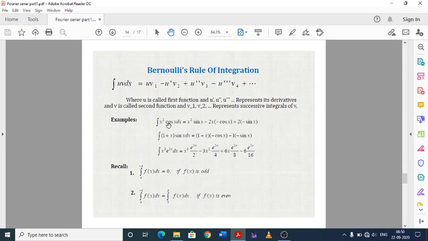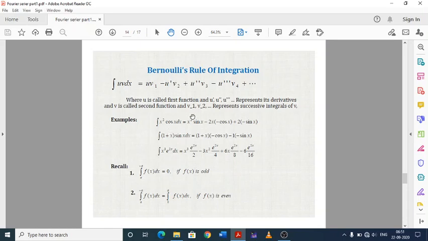So here in x square cos x, you have an algebraic and a trigonometric function. The algebraic function obviously will be the first function, and cos x, the trigonometric function, will be the second function. So the first function we write as it is, into the integral of the second function, the integral of cos x, which is sin x, minus the derivative of the first function, that is 2x, into the integral of the second function.